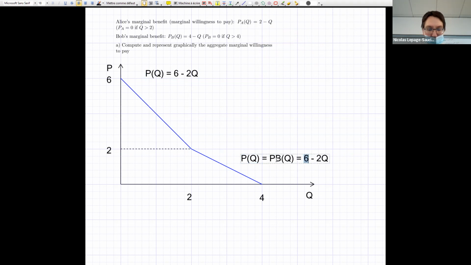Here it's 4 minus Q. By the way, to know that you haven't made a mistake, you can also compute P of Q at 2 and make sure that it's the same as P of Q here at 2. P of Q here is 6 minus 2 times 2, so that's 2. And here P of Q is 4 minus Q, so that's 2. So we know that we have the right number at this point.